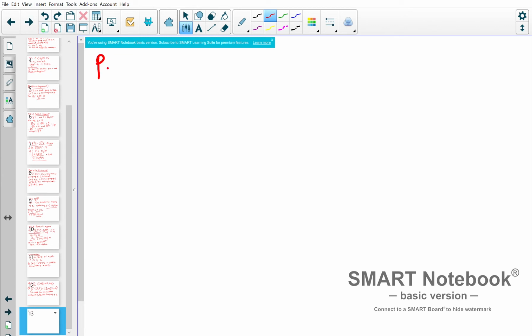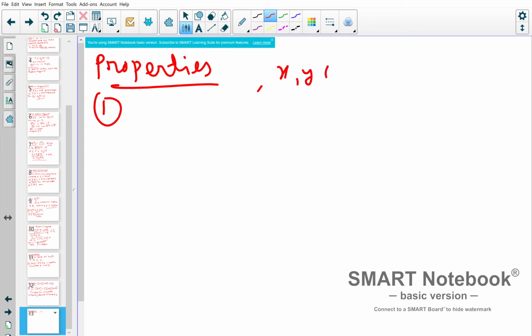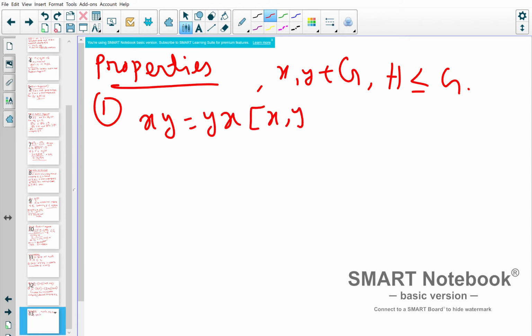So, properties. Property number 1. Suppose you have x, y given to me, and you have some subgroup H. Then I can write xy is always yx times the commutator [x, y].